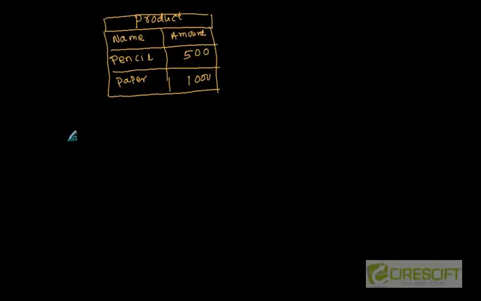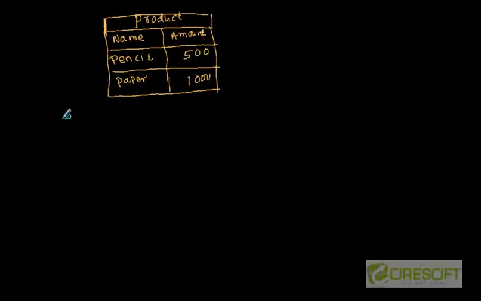Let's say we are doing a transaction where we are going to read how many pencils we have. Imagine this is the inventory of a real shop, and somebody comes and asks, give me 100 pencils. So what is he going to do?